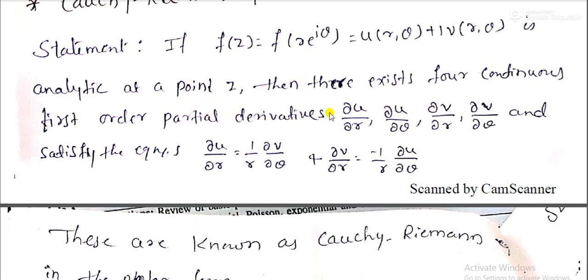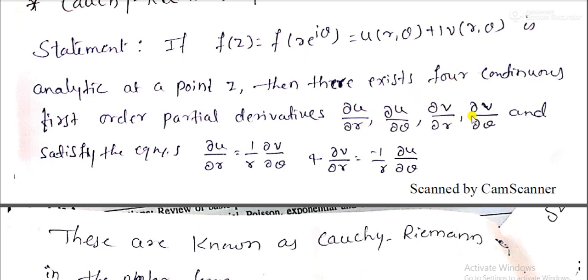The Cartesian form is with respect to x and y, and this is with respect to r and theta. The real part we can differentiate partially with respect to r and theta, and the imaginary part v we can differentiate partially with respect to r and theta.